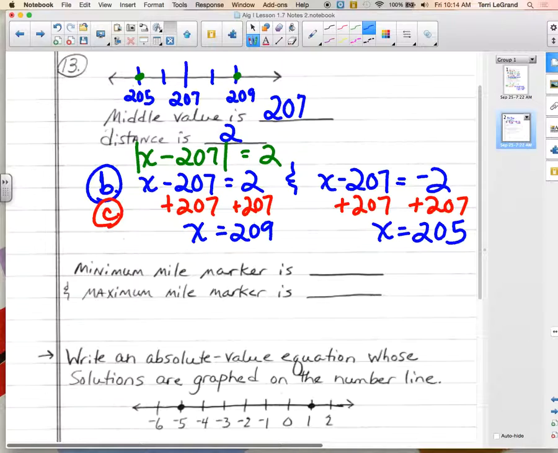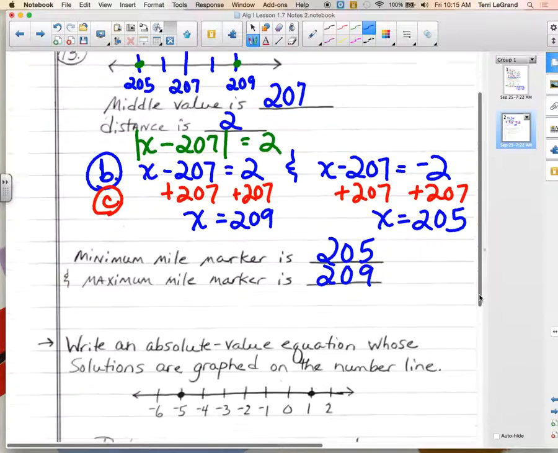Minimum mile marker is 205, and the maximum is 209. These are mile markers, so we don't necessarily put the label miles. You familiar with what those look like on the highway? You seen those? Yeah. Okay.